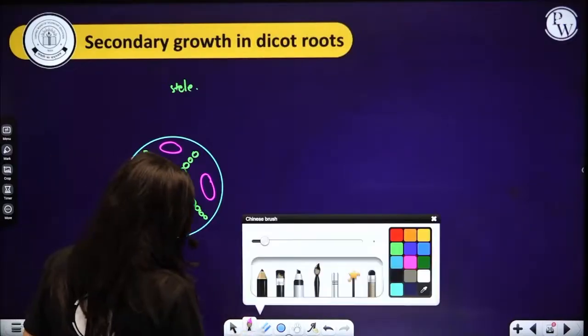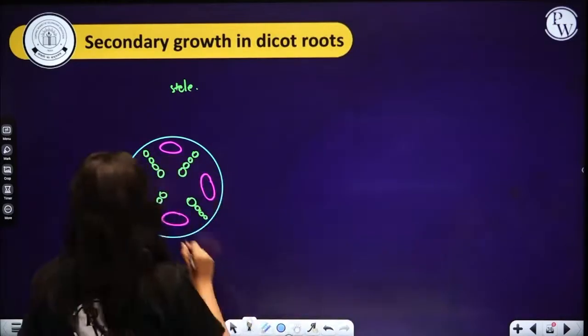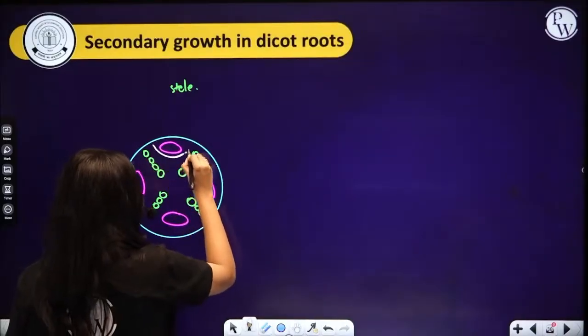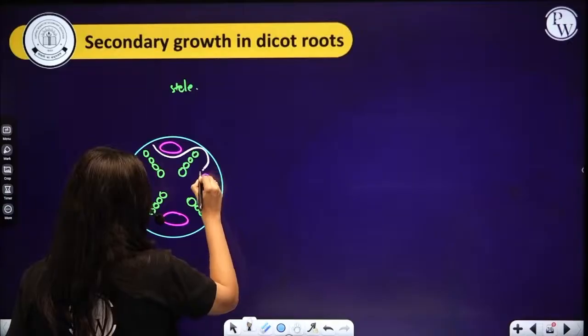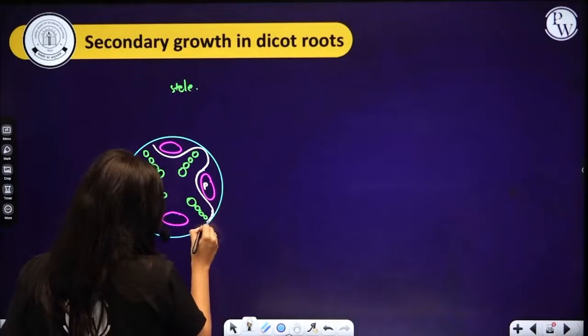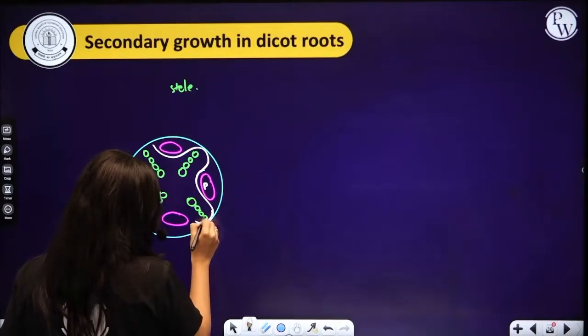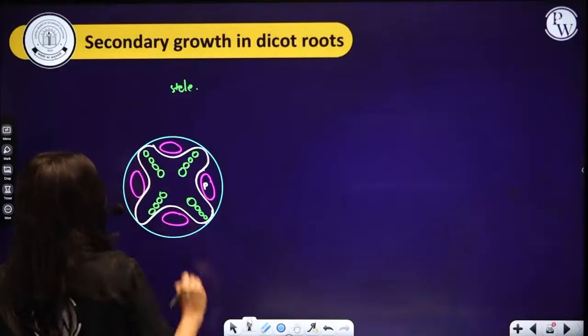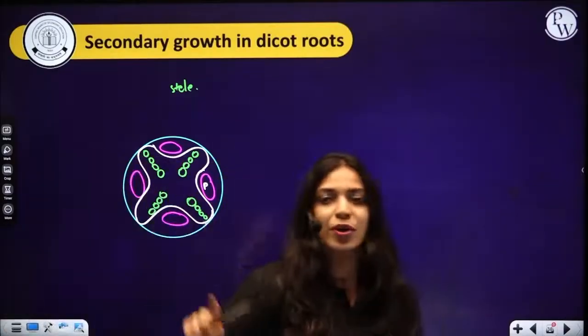A ring will form above the phloem, near the protoxylem, in the pericycle. A continuous wavy ring is going to form like this.